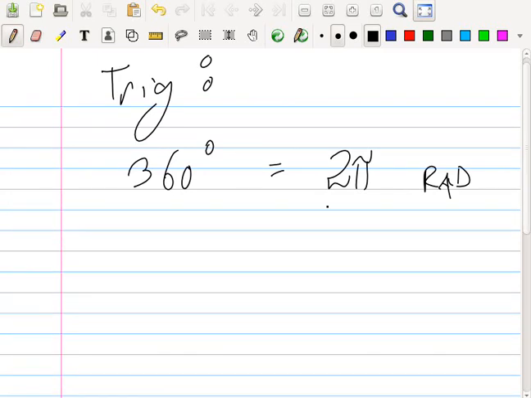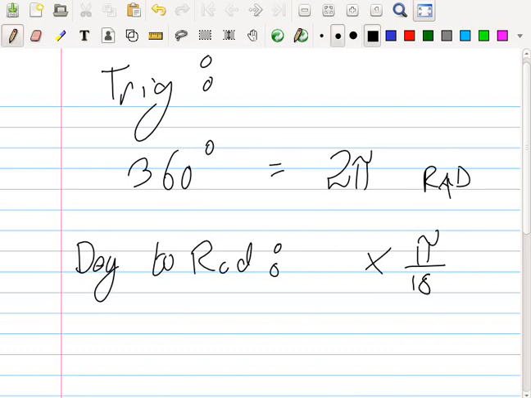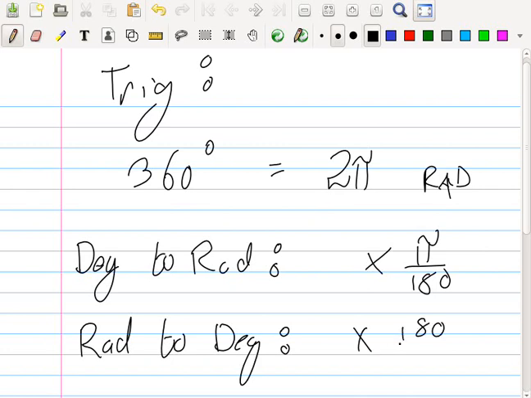If you want to go from degrees to radians, you multiply by pi over 180. And if you want to go from radians to degrees, you multiply by 180 over pi. And it's as simple as that. That's the way to convert.